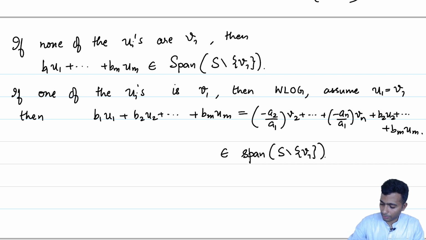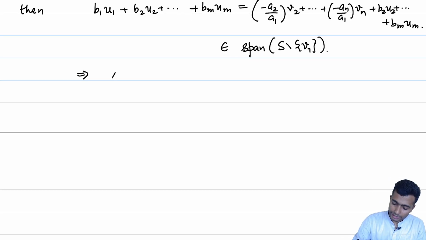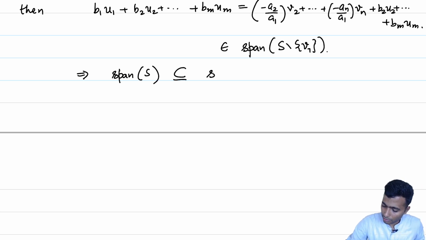So in either scenario, the first being that none of the ui's is v1, and the second being that one of the ui's is v1, the linear combination of u1 to um with b1, b2 up to bm is an element in the span of S minus v1. So, we took an arbitrary element of the span of S and showed that it is in the span of S minus v1.